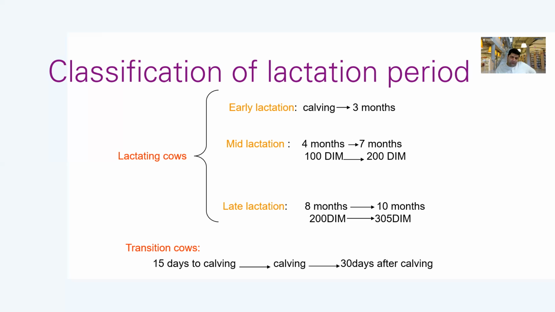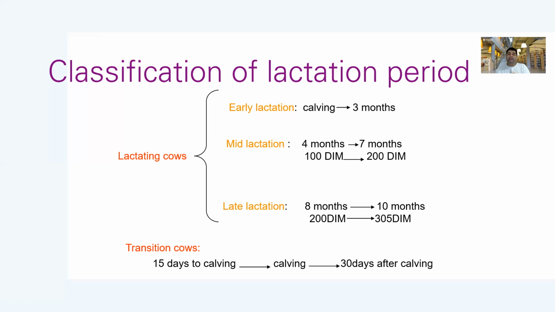So the transition period actually is 15 days before calving until 30 days after calving. So the window is 15 days before calving until 1 month after calving. We call it the transition period.